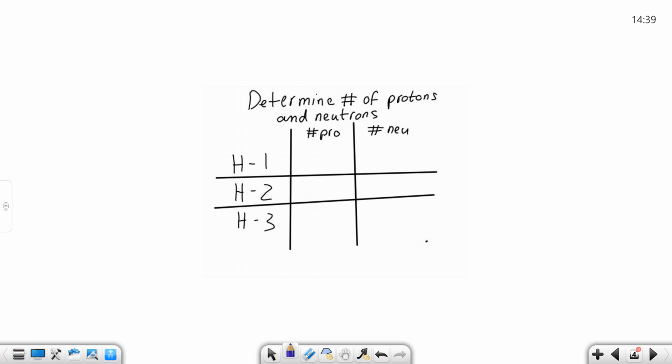If I had to figure out the number of protons and neutrons in these three isotopes, people make mistakes on it all the time, so we have to be careful. I always tell everybody, fill out the proton column first, or the proton row, whichever way it's set up. Since all of these are the same element, I would look it up on the periodic table, and it's hydrogen.